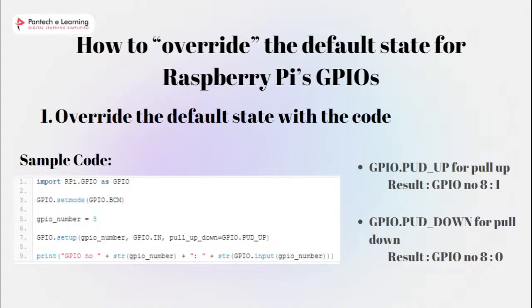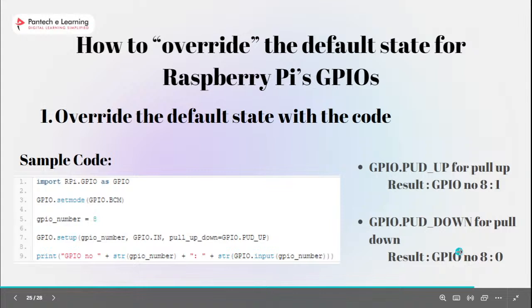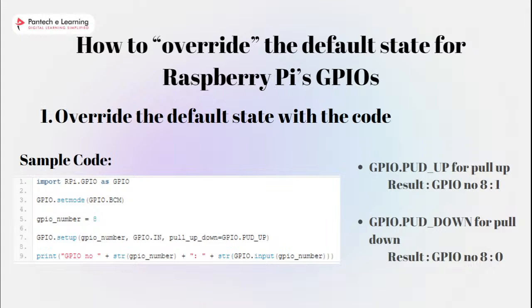If you run this code using PUD_UP, the output is 1. If you use down for pull down resistor, you will get the output 0. So with just one small addition in your code, you can decide the default state of any GPIO.